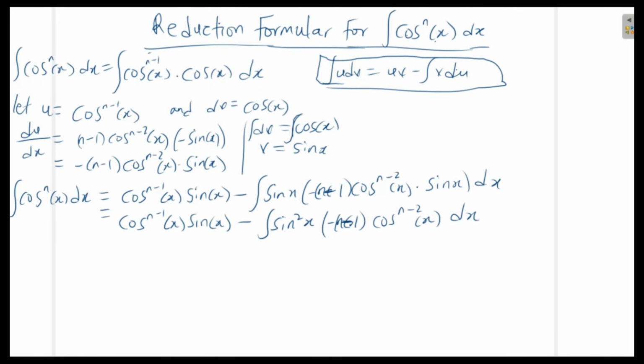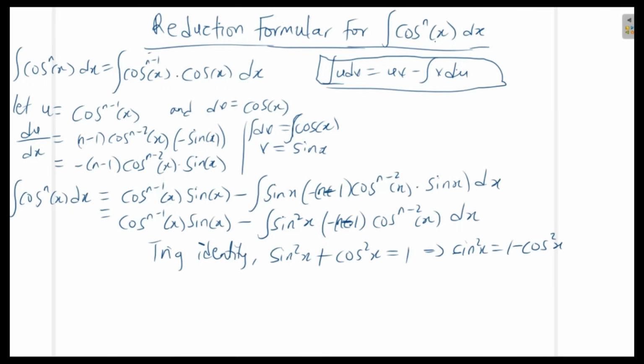Now notice that there's a trig identity that says sine squared x plus cos squared x is equal to 1, right? So this implies that sine squared x is equal to 1 minus cos squared x.